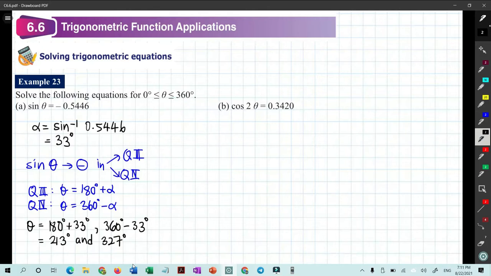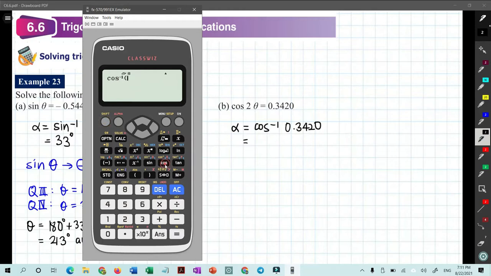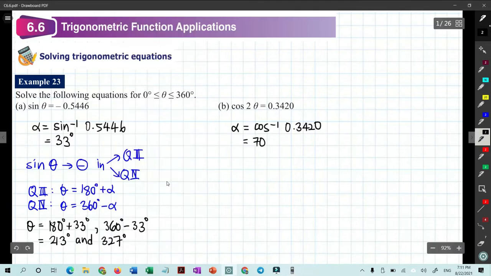Cos 2 theta equals 0.3420. The first thing is we're going to find the reference angle alpha. Alpha is equal to shift cos 0.3420. If you round off the value correct to 2 decimal places, then we will get 70 degrees.